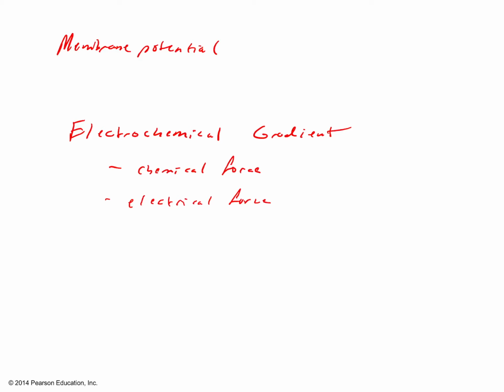Positive outside, negative inside. And so it's a positively charged ion. What do opposites do? They attract. And so it will tend to be attracted to the inside, or negatively charged inner surface, of the membrane. That's the electrical force. So both the chemical force and the electrical force will tend to draw that positively charged ion in through the membrane to the inside of the cell. Collectively, these two forces make up the electrochemical gradient.